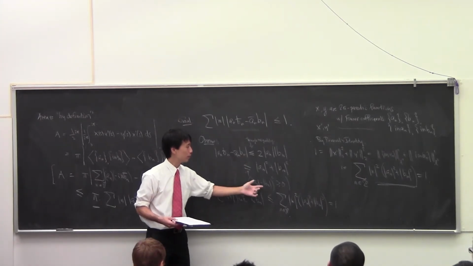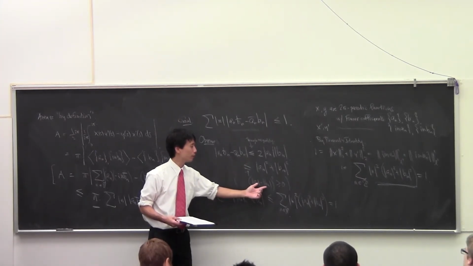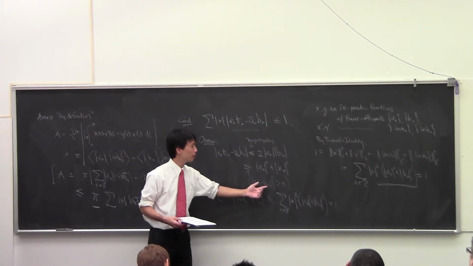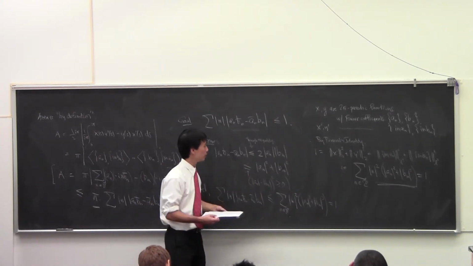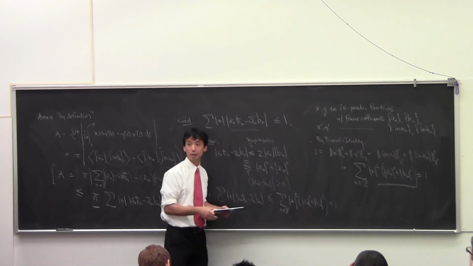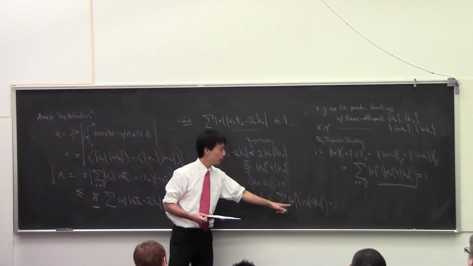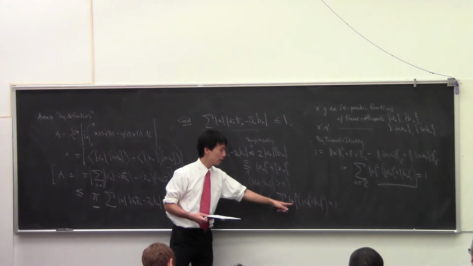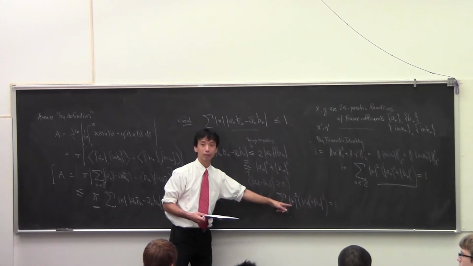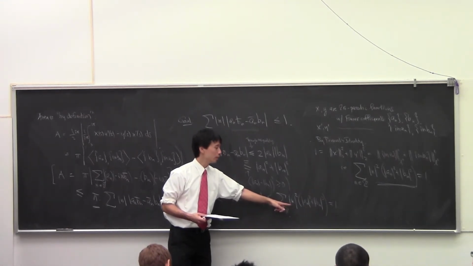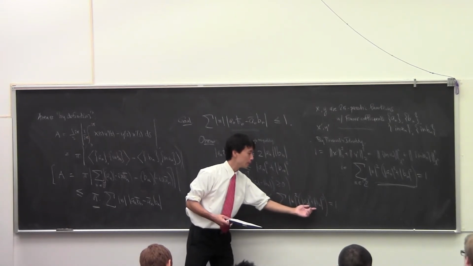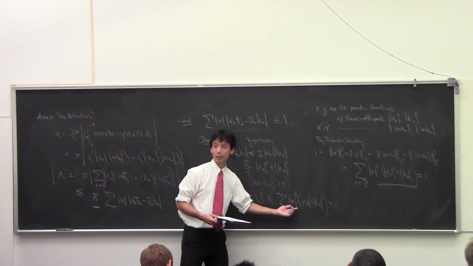This thing would have to be an equality. Further, our n could only be 1, 0, or negative 1, because once we get to 2, we can't have terms for n bigger than or equal to 2.